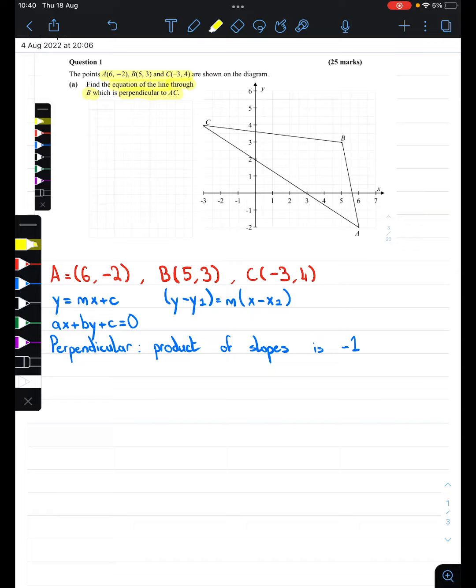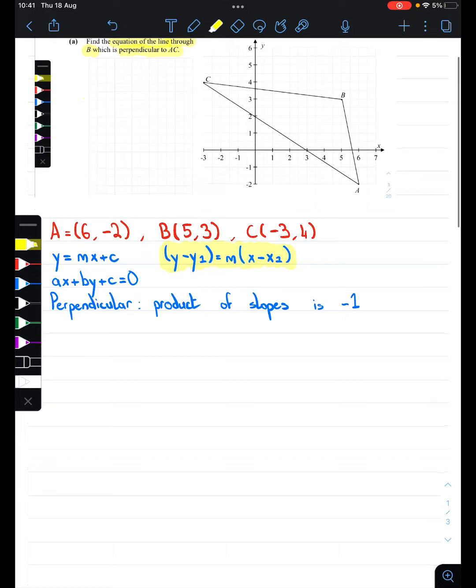Here's the question laid out, with the relevant formulas and definitions, and now let's work through this. We're looking for the equation of the line, so we look at our formula: y minus y1 equals m times (x minus x1). What do we need? We need the slope, m, plus a point on the line, x1, y1.